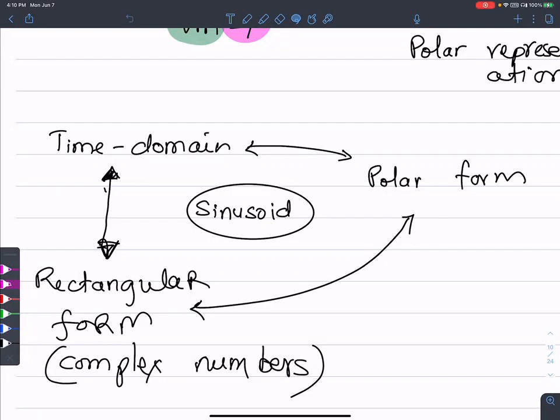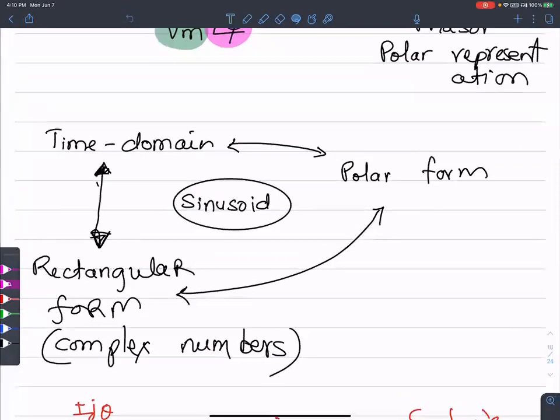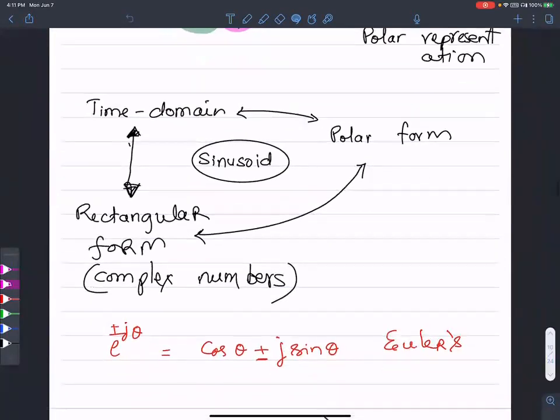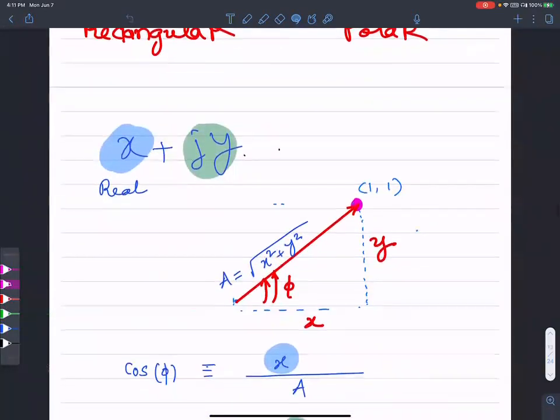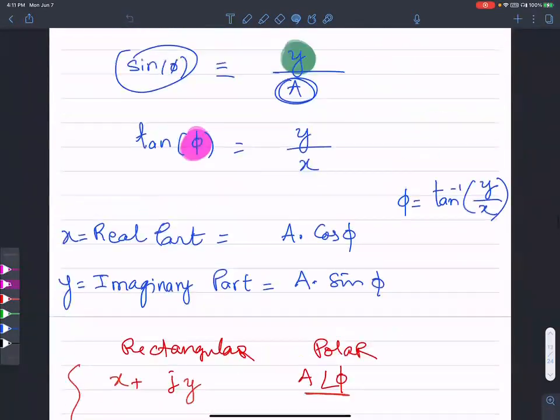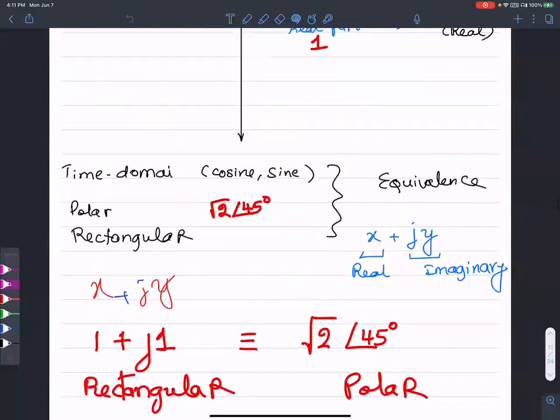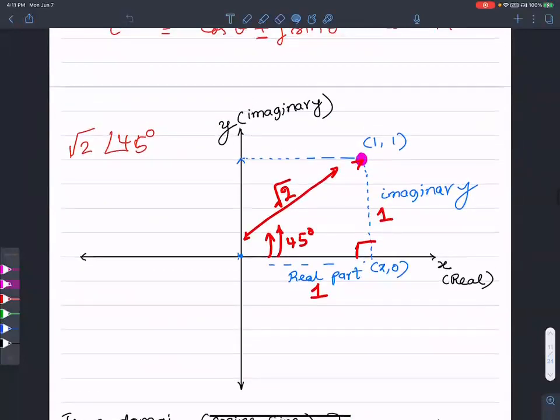Polar form when you're multiplying and dividing. Rectangular form when you're adding and subtracting. And time domain is just to understand the frequency and other components. The frequency component is not obvious in the polar and rectangular form. And I showed you the unity between the 3 forms.